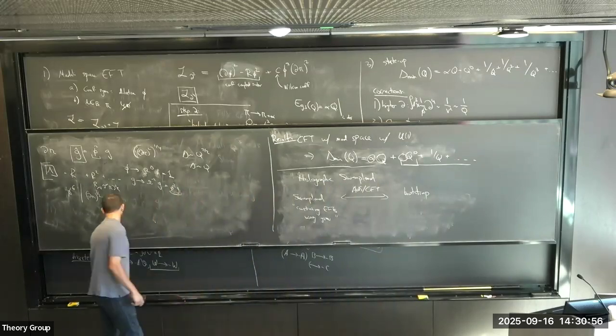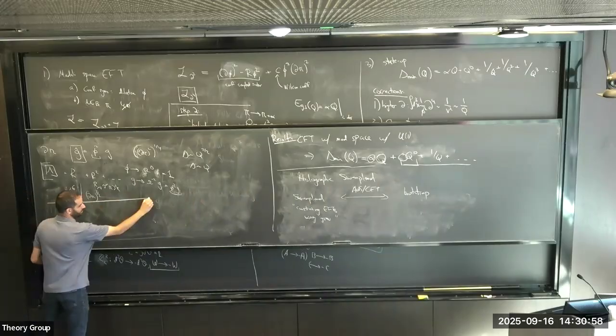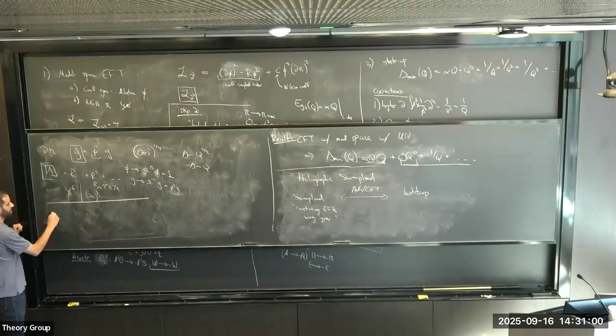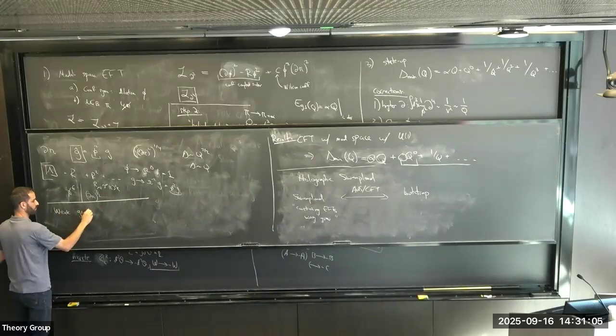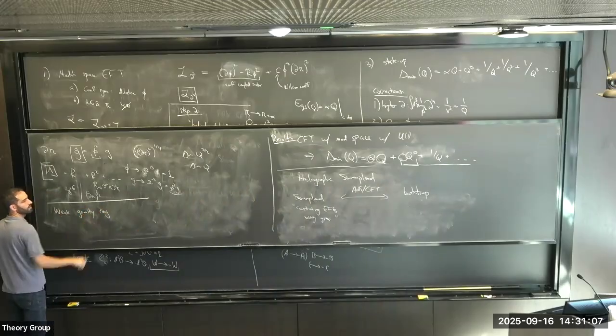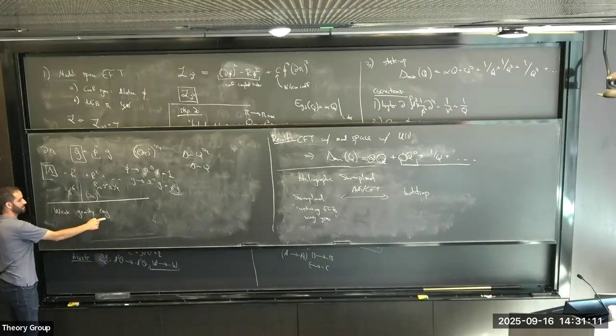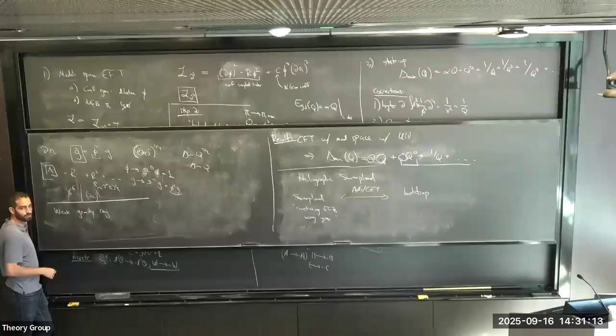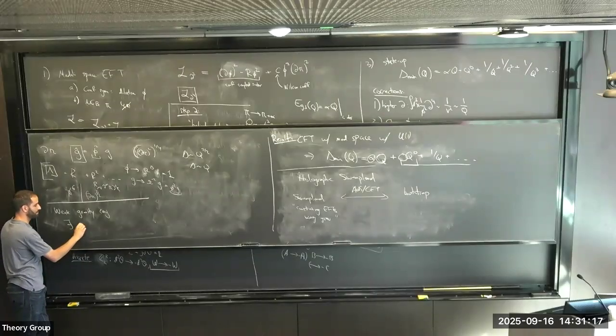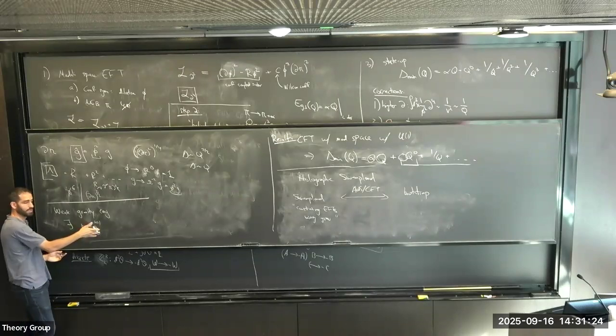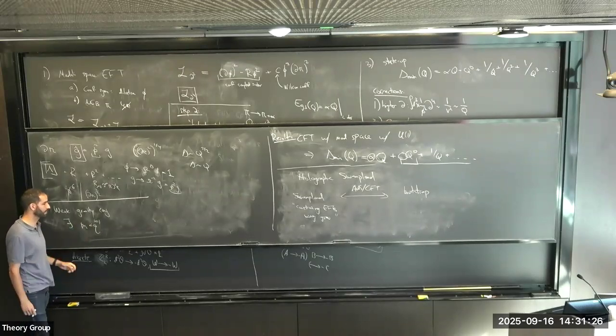This idea has been around for a while, and one of the things people came up with was trying to map something called the weak gravity conjecture from the gravity side to the CFT side. What this says is that if you have an effective field theory that can be consistently coupled to gravity, there has to exist some particle whose mass is smaller than its charge, for some U(1) symmetry, in some units that I haven't told you about.